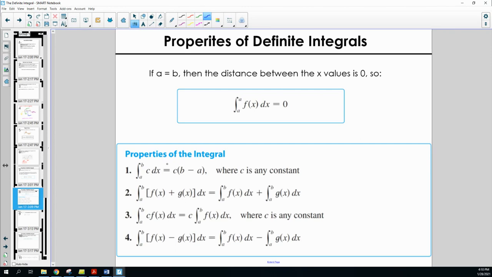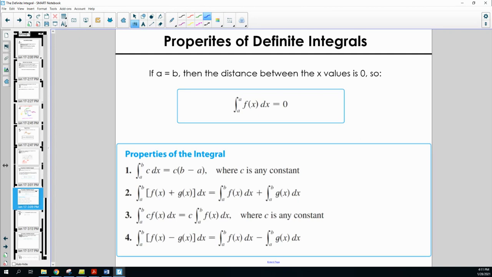All right, and then here are the basic properties. So we have the integral from a to b of a constant is going to be the constant times the upper limit minus the lower limit. Okay, so if we have only a constant, like the integral of 2, it's going to be 2 times the top limit minus the bottom limit. And then a lot of these other ones are going to be similar to other things that we've seen.